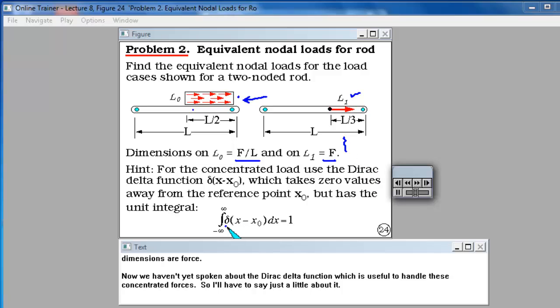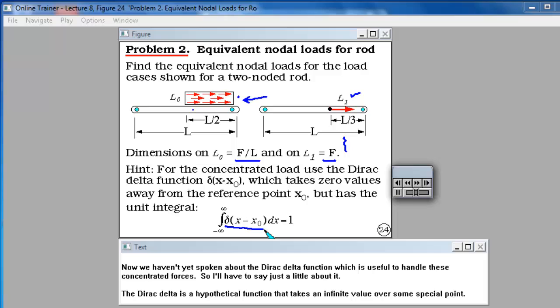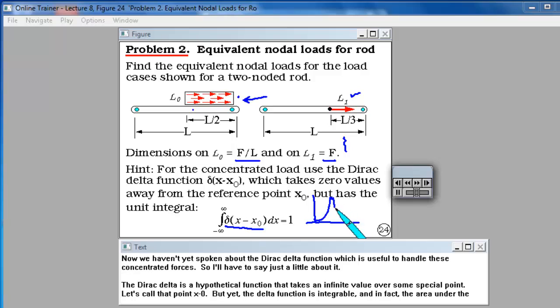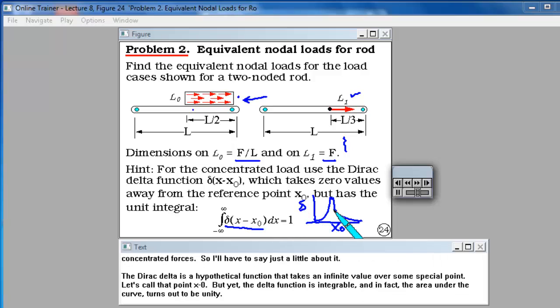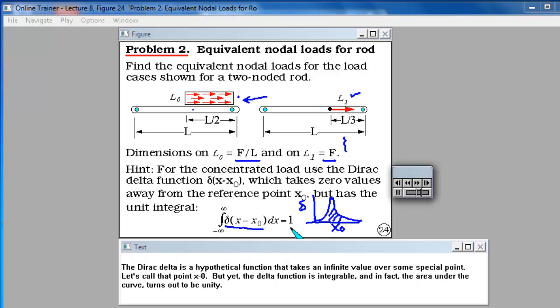The Dirac Delta is a hypothetical function that takes an infinite value over some special point. Let's call that point x0. But yet the delta function is integrable, and in fact the area under the curve turns out to be unity.